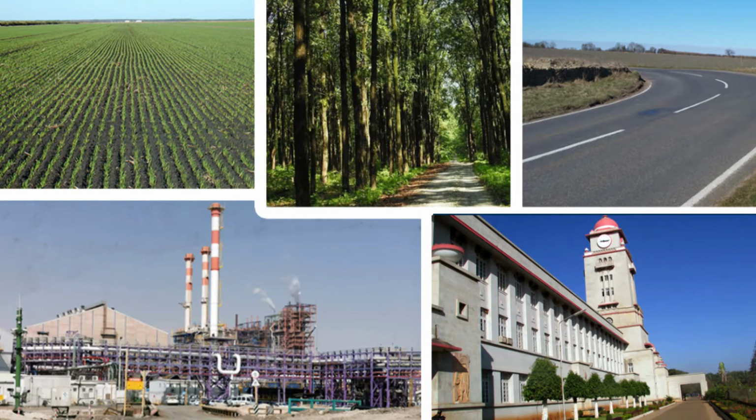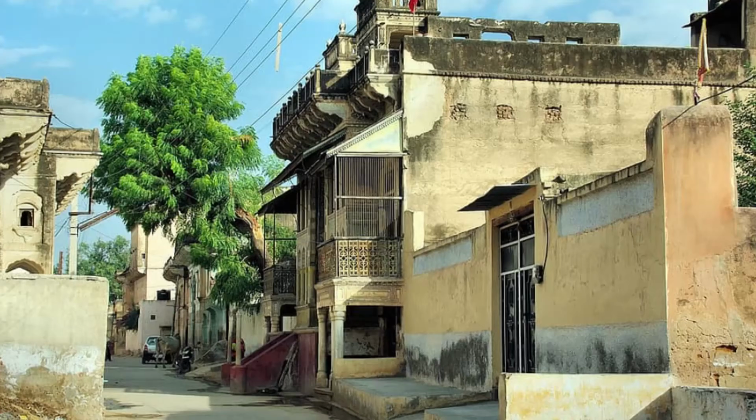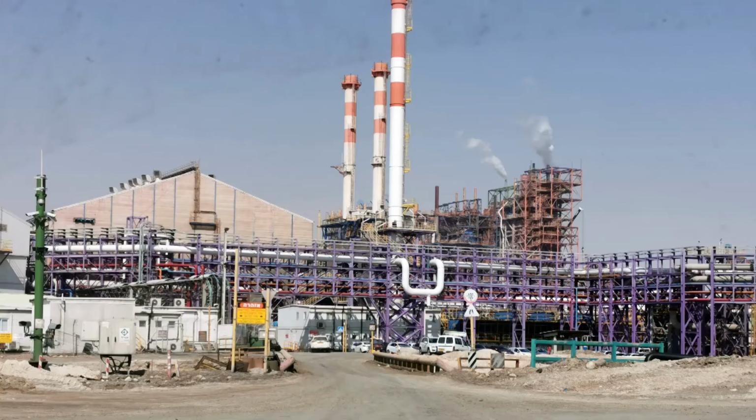For that, I will show you some pictures and you have to identify how many ways the land has been used in the shown picture. Ma'am, I can see land is used for buildings, houses, roads and factories.